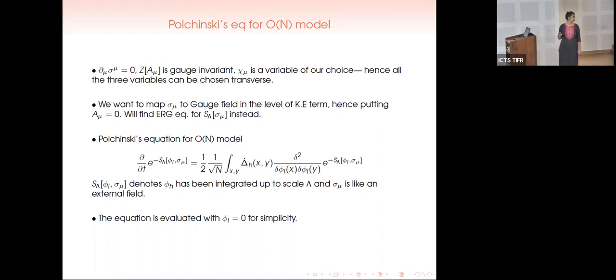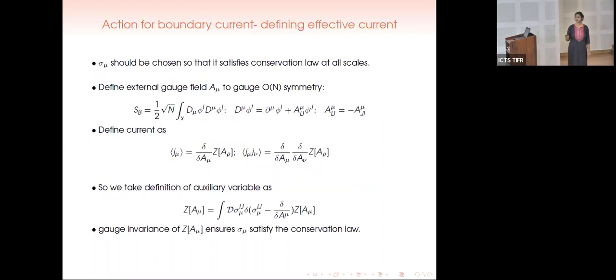Yes, when you gauge the scalar charge, you should also have a double A mu term, right? Yes, yes, that will be there. But it's not there in these equations. It will be here, okay. So where did that come from here?